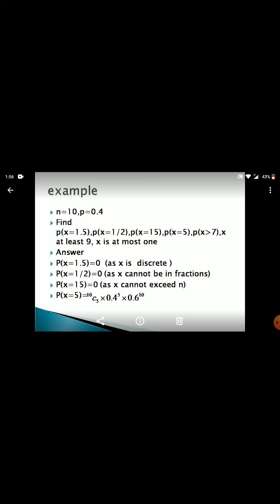अच्छा जी, next is P of x is greater than 7. Greater than 7 means greater than all those values which exceed 7 till the maximum n, that is 10. 7 से बड़ी हों और 10 के अंदर अंदर हों, because maximum bound या maximum limit is 10. So x greater than 7 means 8, 9, 10.